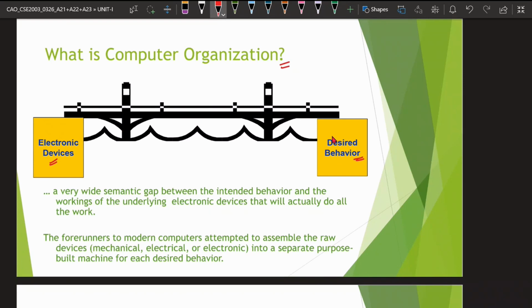It's not that an electronic device, a transistor, is there and you can directly give some input and get the desired output. Before getting a desired output, we should be doing something on these electronic devices, making some connections, or using some relations so that we can get the desired output.